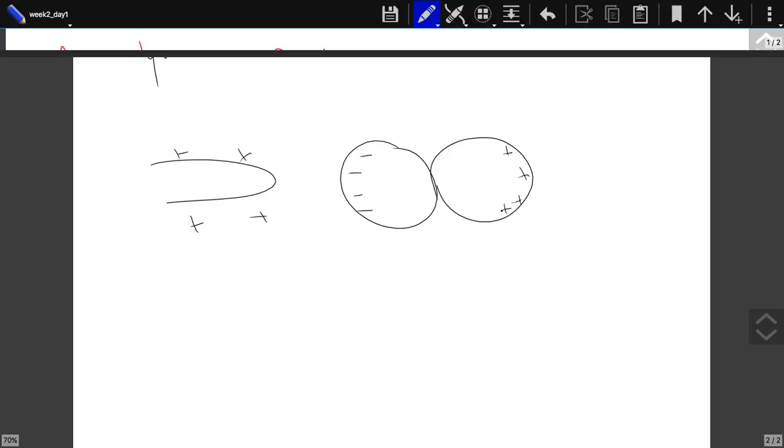Any other questions? In the last lecture, we talked about charging by friction. From the microscopic view, is it moving electrons from one part to the other, or just organizing the charges like induction?